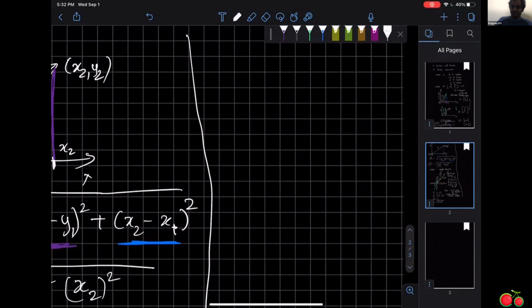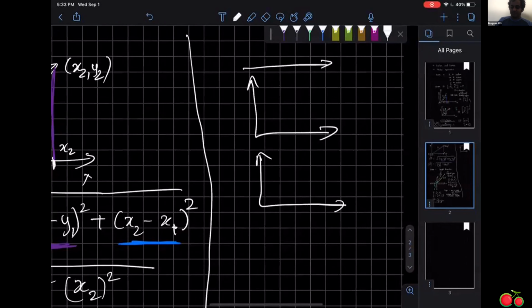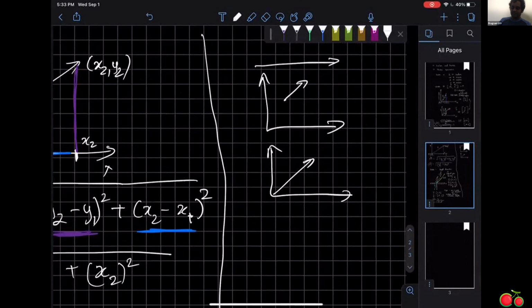All right. So far we looked at 1 dimension, 2 dimensions, and 3 dimensions. Does everyone agree that you can have vectors in 2 dimensions, in 3 dimensions, and in 1 dimension?